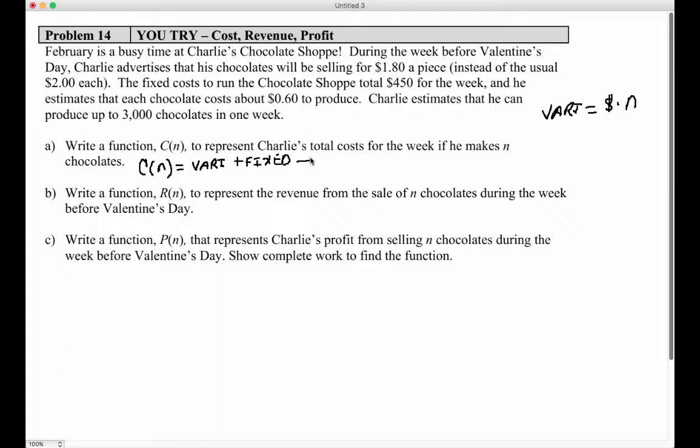So our C of n, our cost with respect to n, the number of chocolates that we make, is equal to 0.60 times n, since it costs him 60 cents to produce each chocolate, plus his fixed cost. He says it costs him $450 a week whether he sells a single item or not, just to keep the doors open. So that's his cost with respect to n. Hopefully that makes sense.